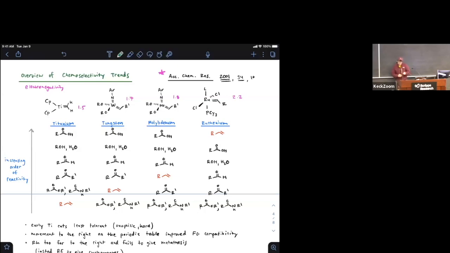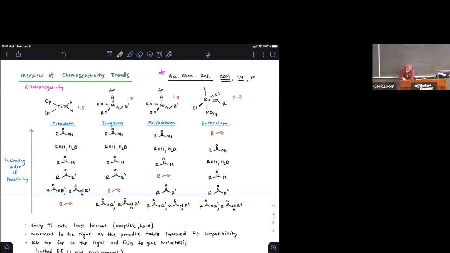I should add as a caveat that since this 2001 report, there have been developments in tuning tungsten- and molybdenum-based catalysts through introducing new ligands like NHCs that do improve chemoselectivity. But in general, this trend still holds.